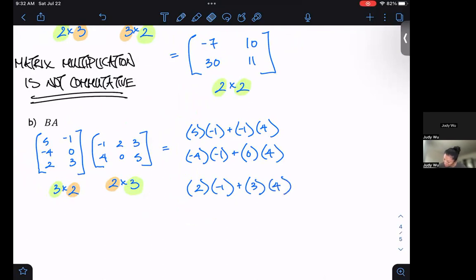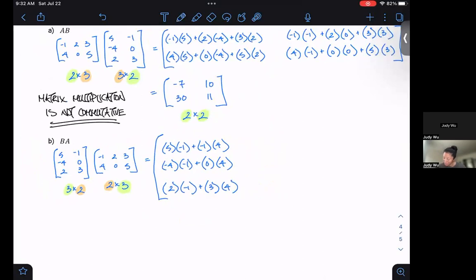I guess I made that a little bit too big. That's okay. Okay, so that was the first row, sorry, the first row times the first column. Now I need to find the second row times there. That gives me this entry. And then finally, the third row times the first column gave me down here.